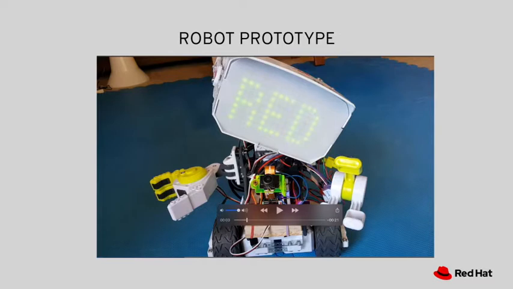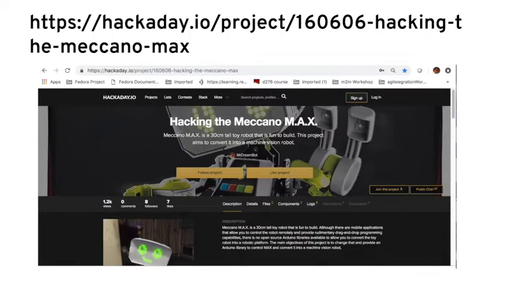The difficulty is that I had to reverse engineer all the commands required to control the motors. You can find out more about how I did that on this particular project that I created on Hackaday.io.